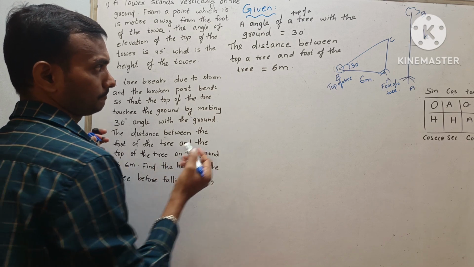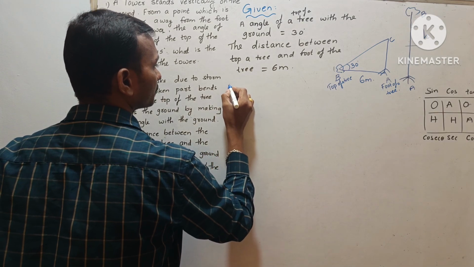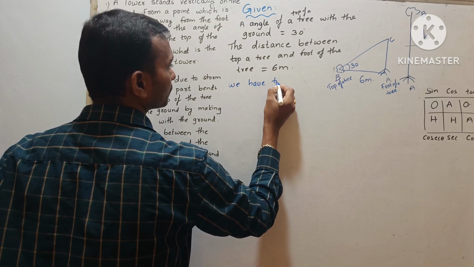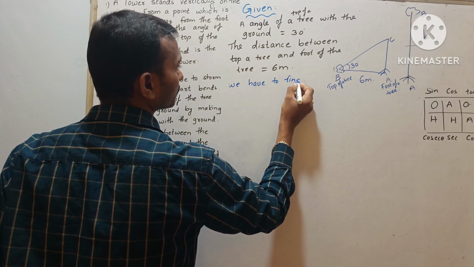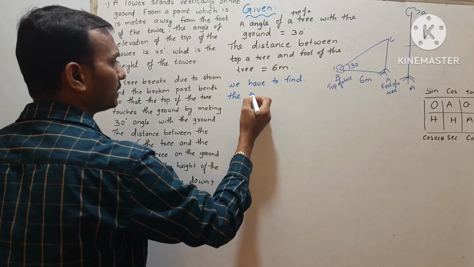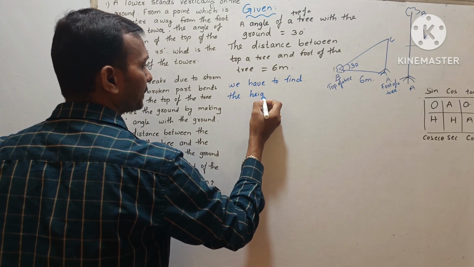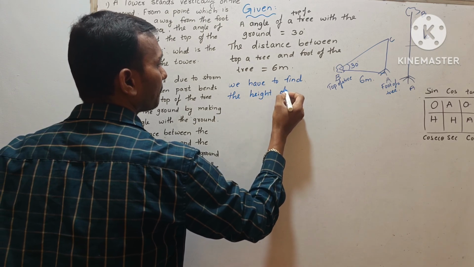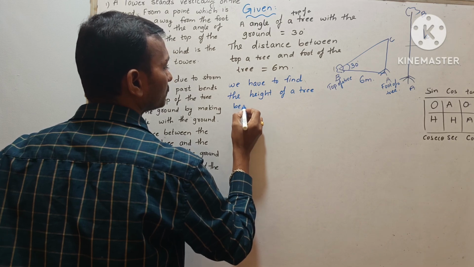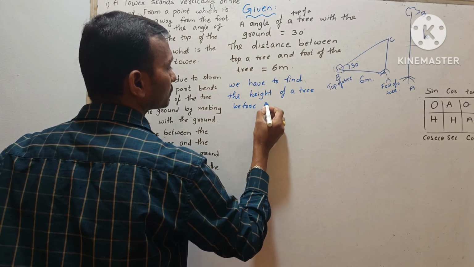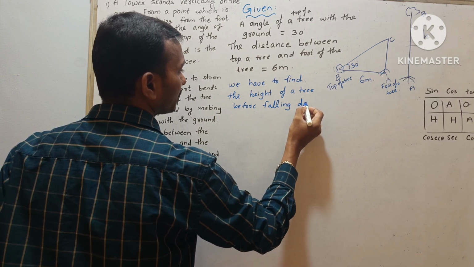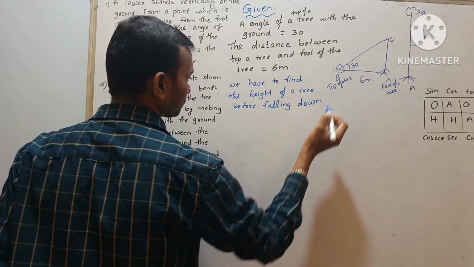We have to find the height of a tree before falling down. So we need to find the original height of a tree.